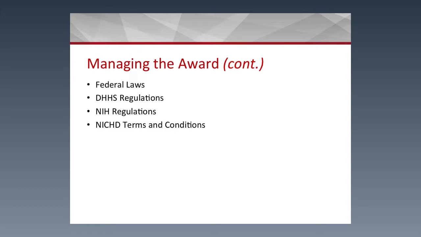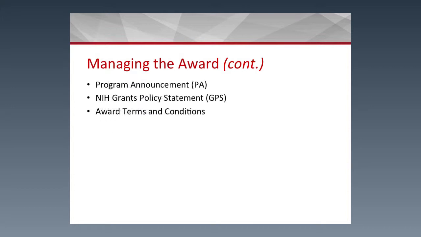The terms and conditions you'll see on the Notice of Grant Award, and it's very important to look to see what types of terms and conditions may be on an award so that you're following these as well as the other federal laws, regulations, and the like. Also, the program announcement includes in any terms and conditions of the award as well.